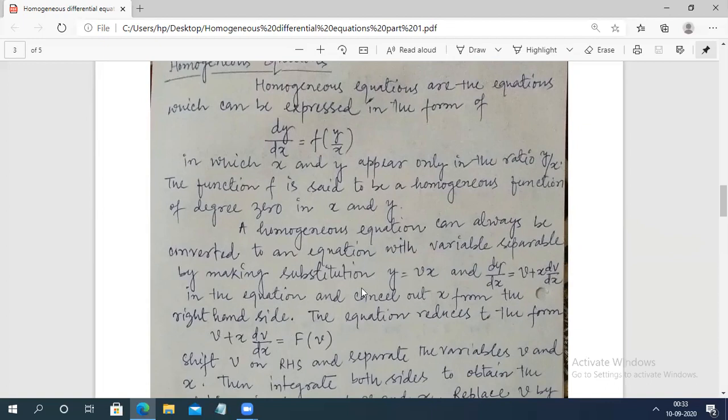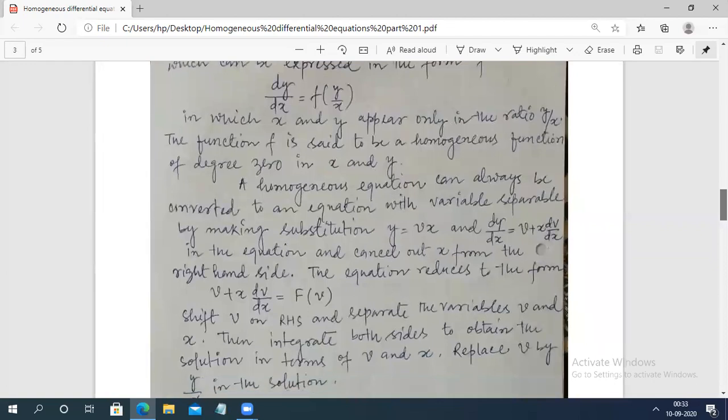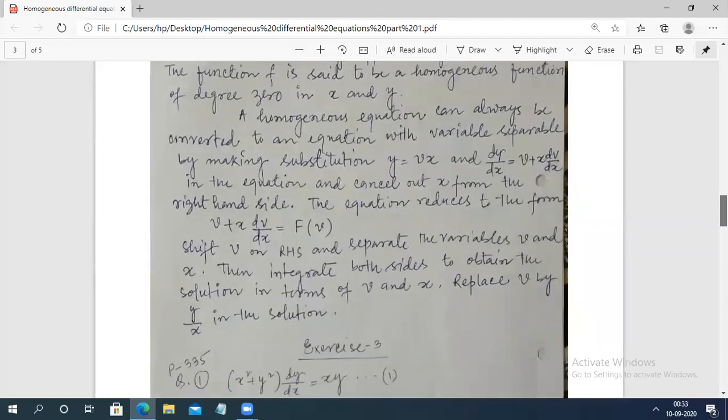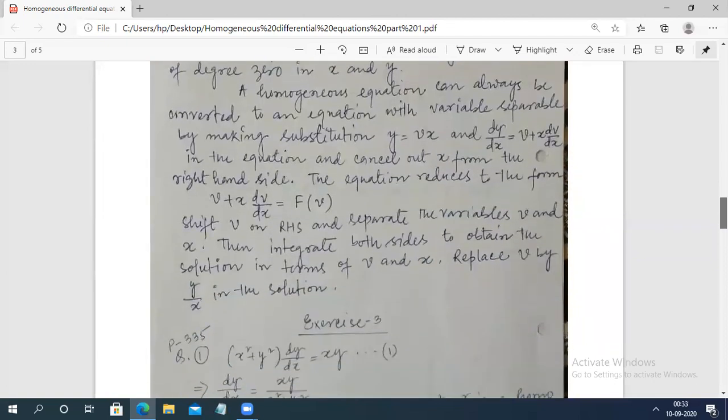Now in this equation, in place of dy by dx we will write v plus x dv by dx, and in place of f of y by x we will write f of v. Now you just separate out the variables and you will find the solution of the homogeneous differential equation.